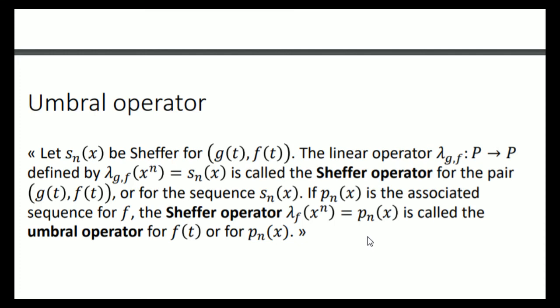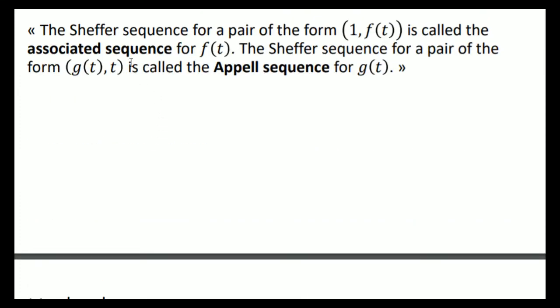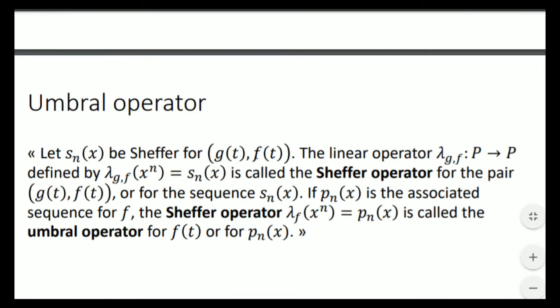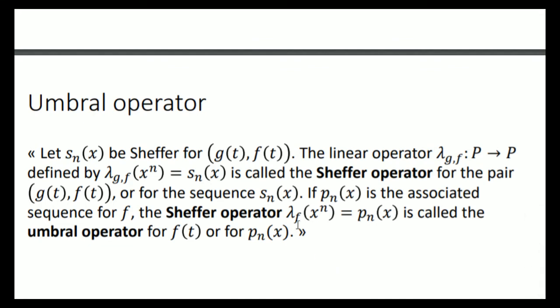If P of n is the associated sequence, so once again we are dealing with this case here, we can define a Scheffer operator like this one. But since we don't have the information on g, we just call it the Umbral operator of f. So instead of having g f, we just have f.